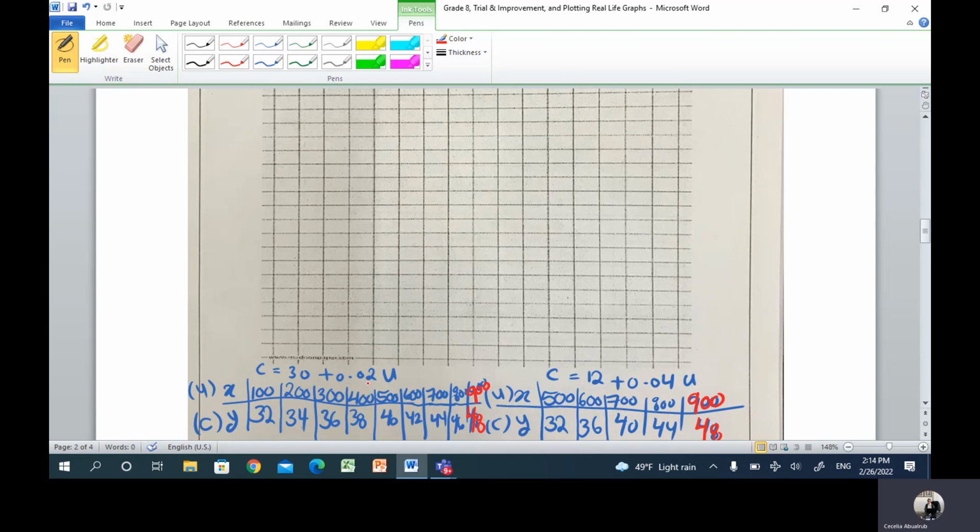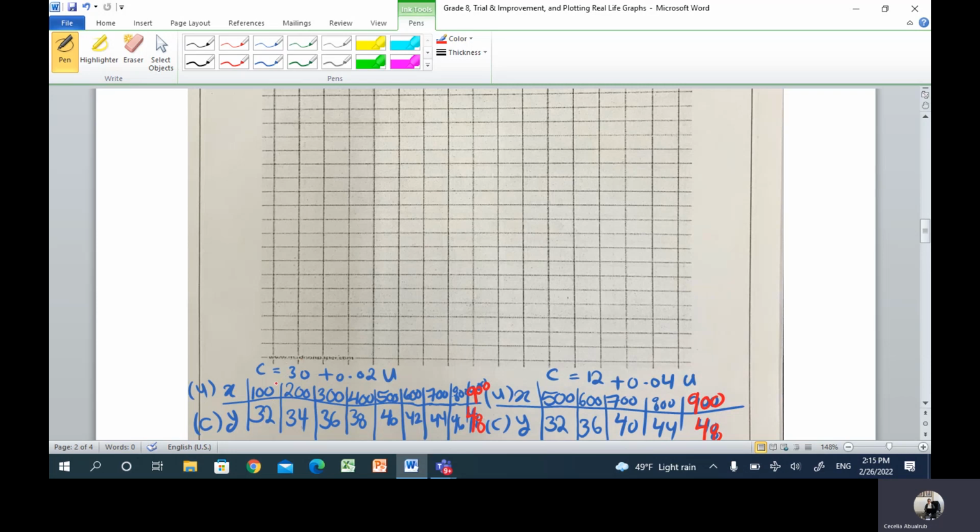And we should think that I really need to get rid of the decimal. So that's why we started with 100. And since we have a calculator, it is easy for me to choose the values of X, which is U here, smartly.